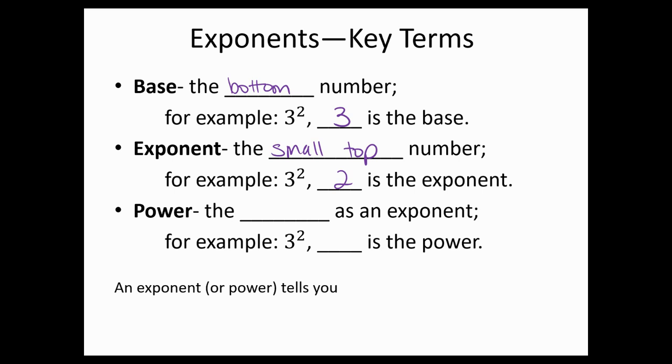Then we have power. This is the same, in terms of how we write it, as an exponent. For example, again with 3 squared, or 3 to the second power, 2 is the power. So this part here at the bottom should be on your page. Let me make that just a little bit neater.